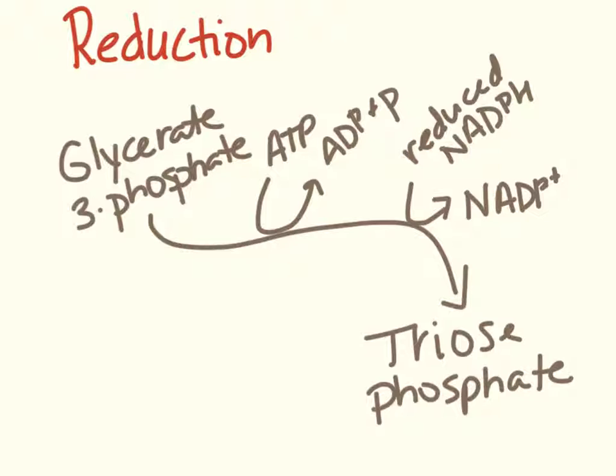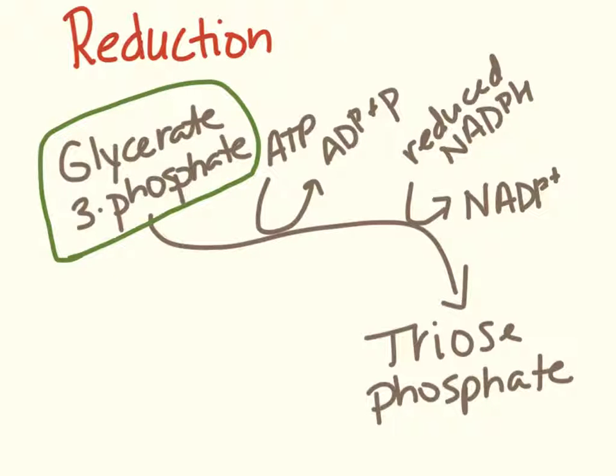The next part of the Calvin cycle, or the light-independent reaction, is the reduction phase. So in this phase, we take the glycerate 3-phosphate molecules, which, remember, there were 2 of them generated in the carbon fixation stage.